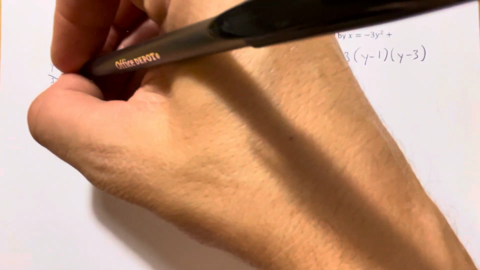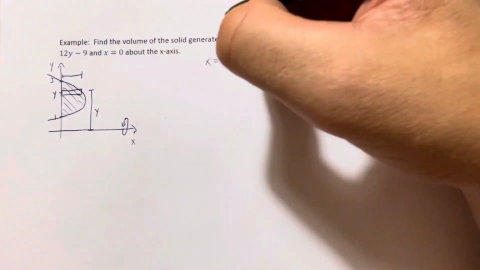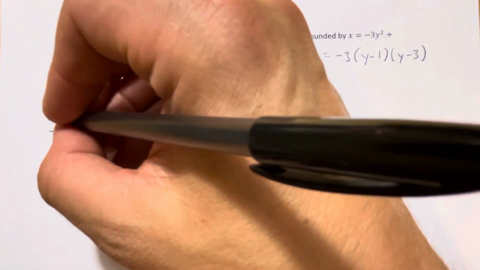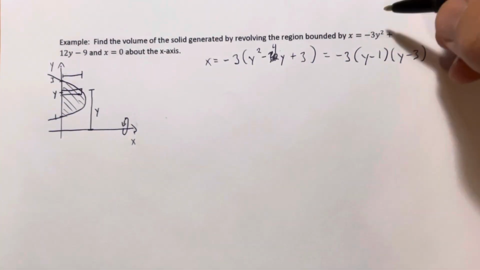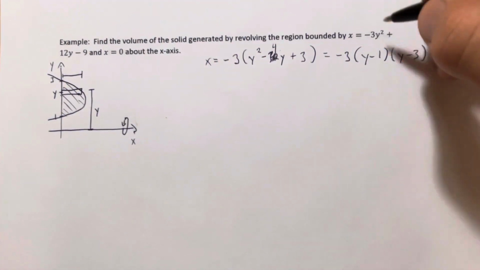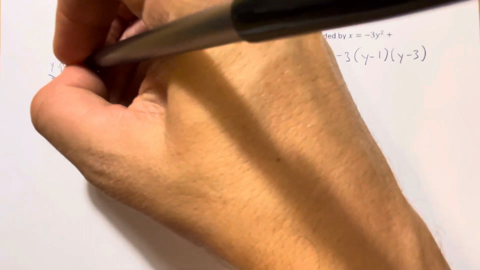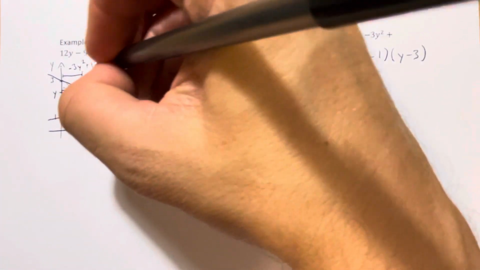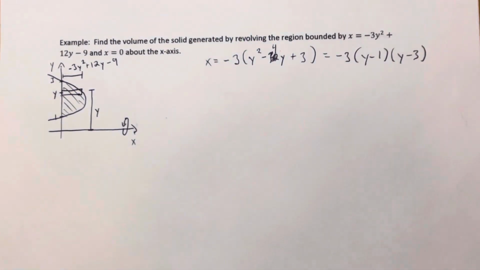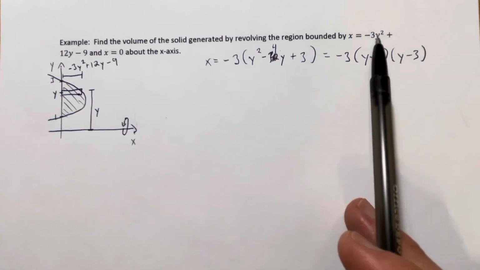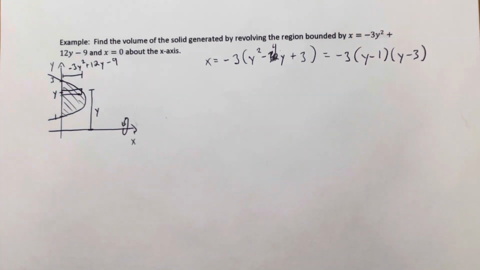Well, the height is going to be given by our function, because the distance from here to here is simply whatever I get by using the function that bounds this thing on the right. So that's going to be negative 3y squared plus 12y minus 9. Hopefully you can see that that's the distance from x equals 0 to x equals that quadratic.